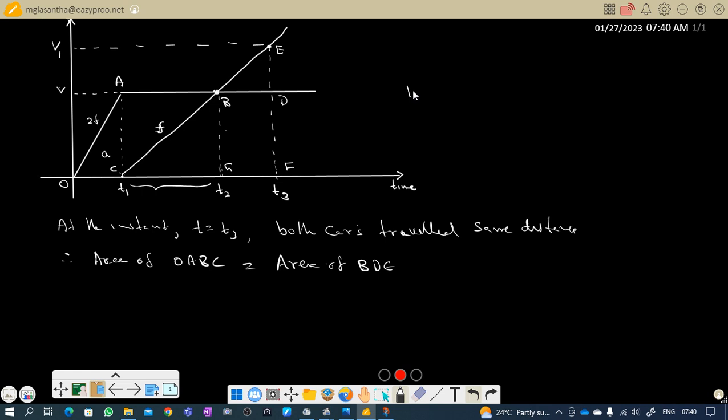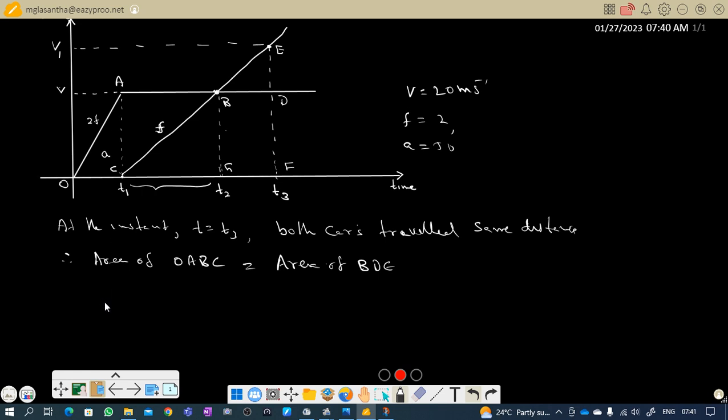Now you know V equals 20 m/s, F equals 2. What is the area? A equals 50. Now this quadrilateral you can separate into two triangles.